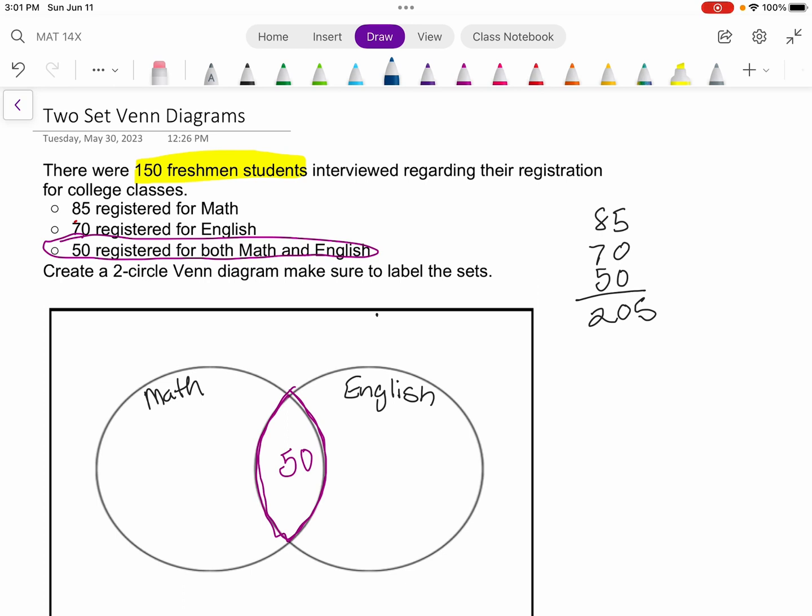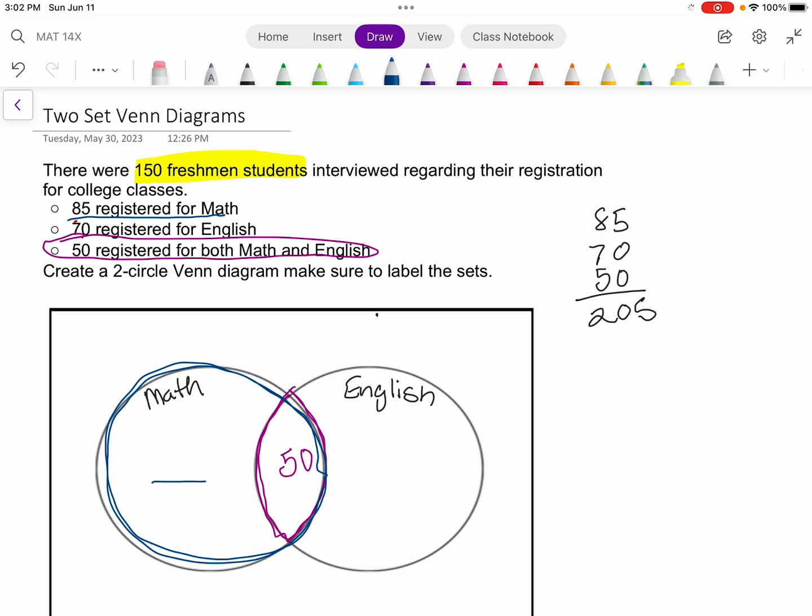Let's talk about those 85 students who signed up for math. When we say 85 students signed up for math, within this entire math circle we should have 85 students, which means there's some number of students who just signed up for math, plus the 50, and that should equal 85.